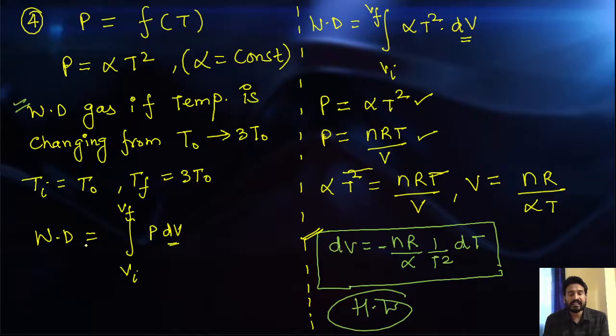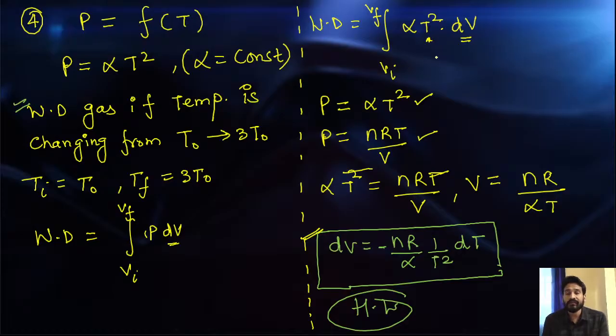We know that work done is equal to integration PdV. But now, if you pay attention here, P is a function of temperature, and here the integration is in the volume. So putting P equal to alpha T square will not solve our purpose. Why? Because T is variable here, and dV means that the change is in the volume also.